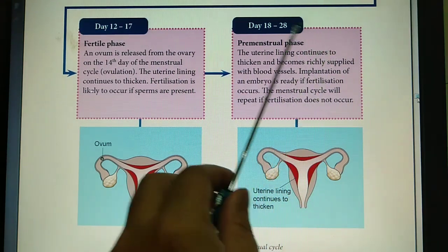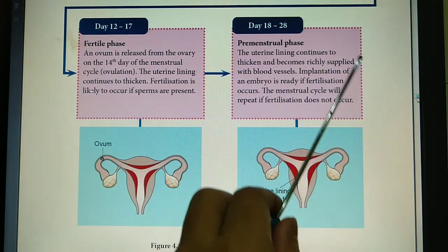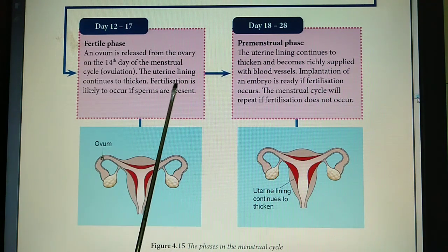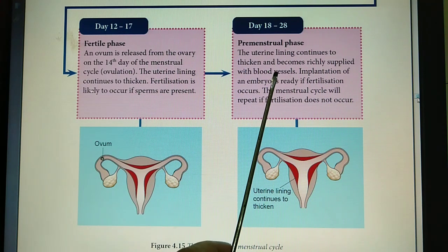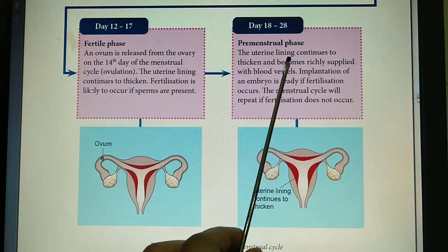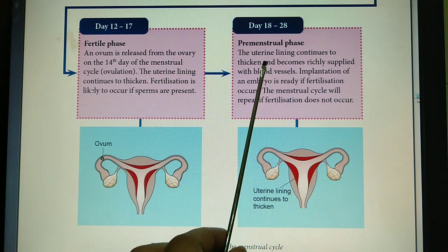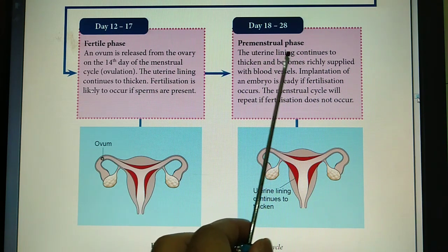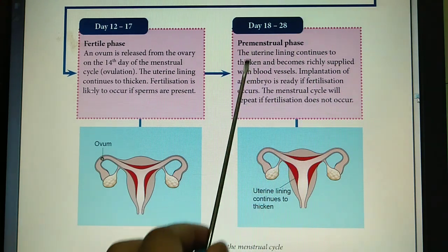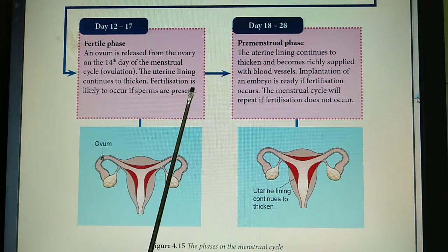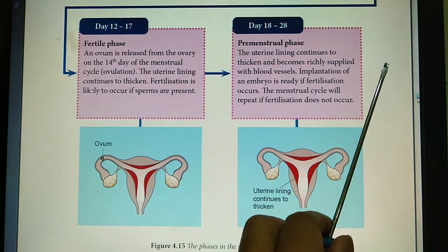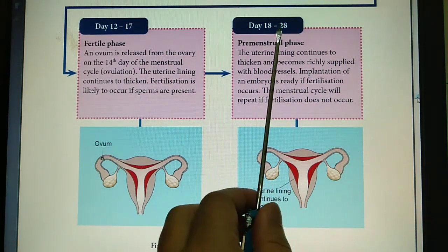So during the premenstrual phase, if fertilization occurs, this phase will continue to build up and make the uterine lining become more thickened. After this phase, if fertilization occurs, there is no more menstrual cycle after 28 days.